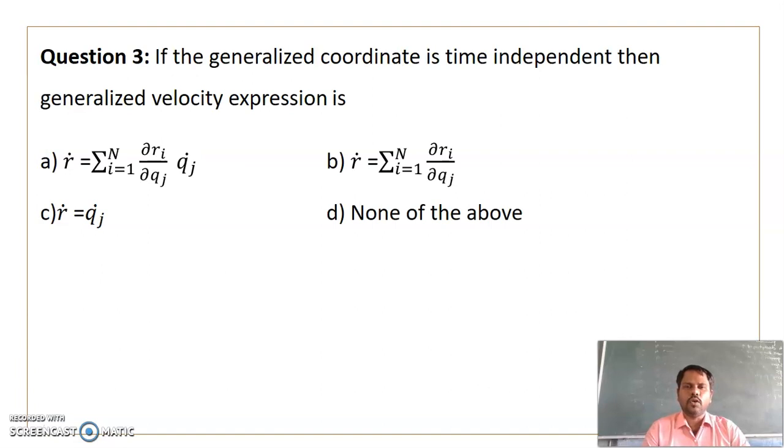If the generalized coordinate is time independent, then the generalized velocity expression is ri dot is equal to summation i is equal to 1 to n dou ri by dou qj into qj dot. So option is A.